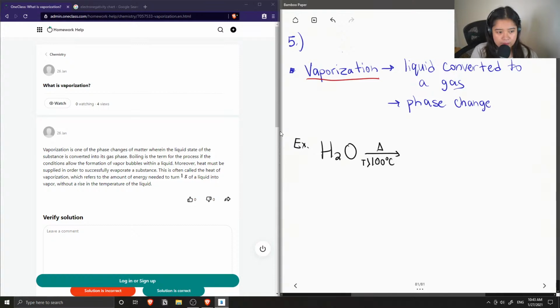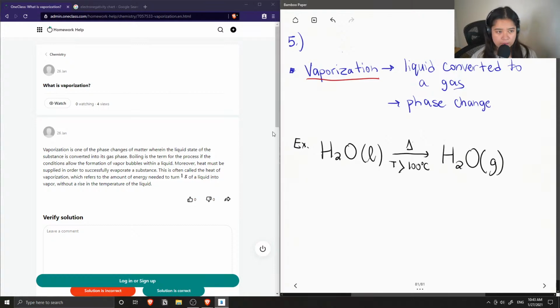If we had liquid water that was boiled, so this triangle shows that heat was applied at temperatures greater than 100 degrees Celsius, which is the boiling point of water, then a phase change occurs and the water is converted to gas, and this is called vaporization.